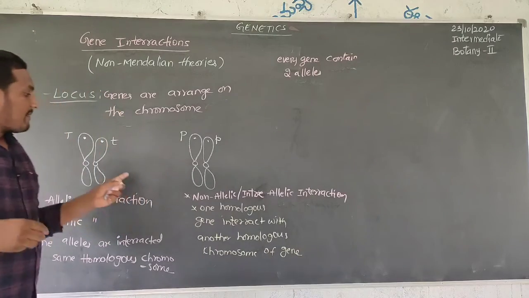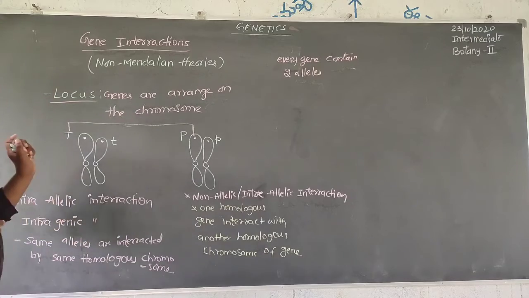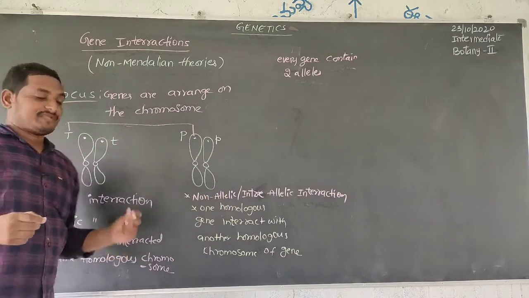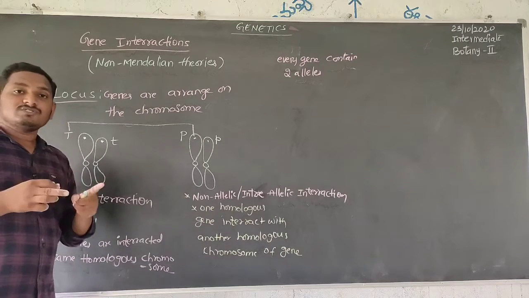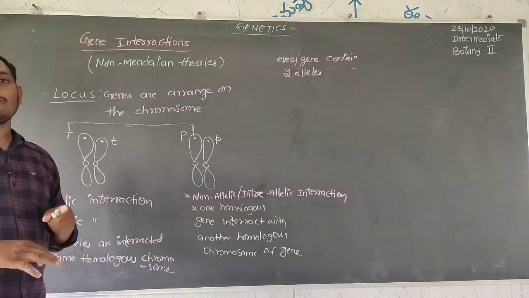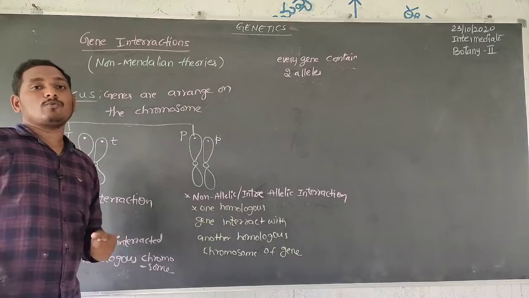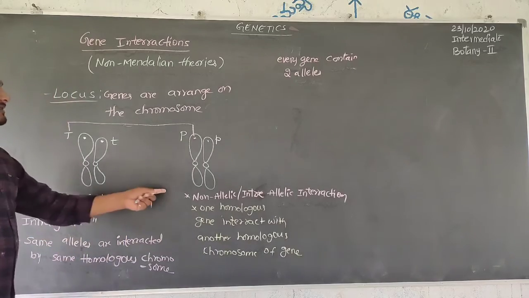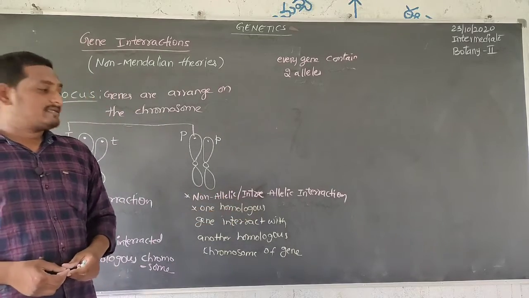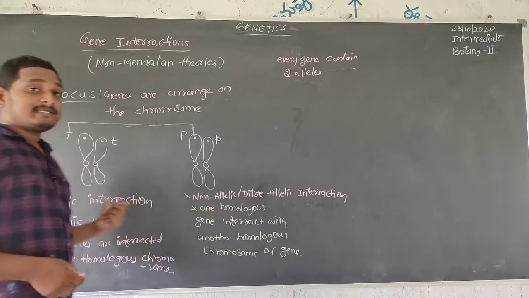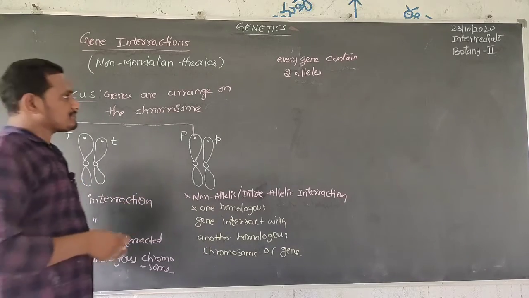Here it means capital T interacts with capital P. Intra means two genes interact with each other by the same homologous pair, and two genes interacting with two different homologous pairs of chromosomes is non-allelic or inter-allelic interaction, intergenic interaction. Intragenic and intergenic.